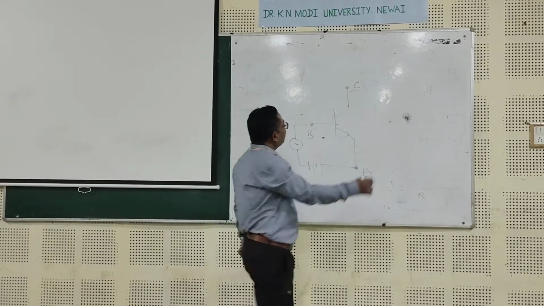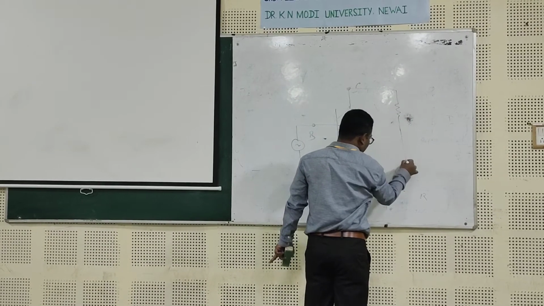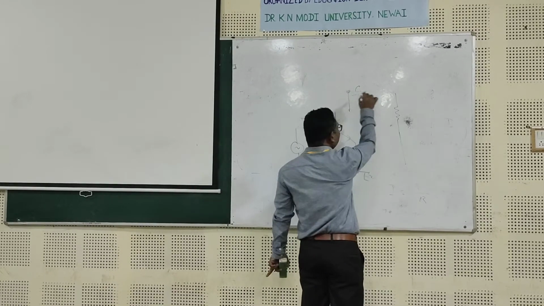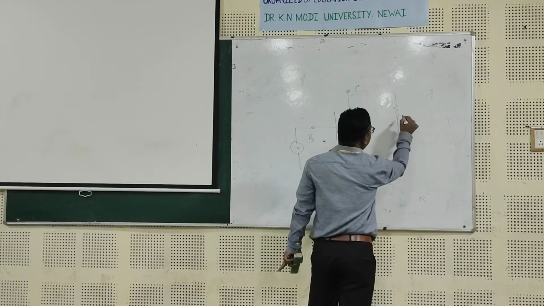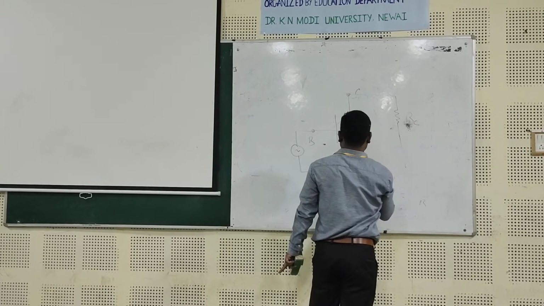And you should connect a load. Reverse bias should be there. This junction has to be reverse biased. Basically, this is your collector and this is your RC, the collector or load resistance.